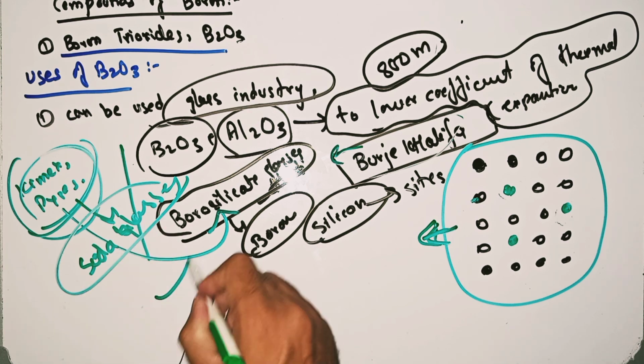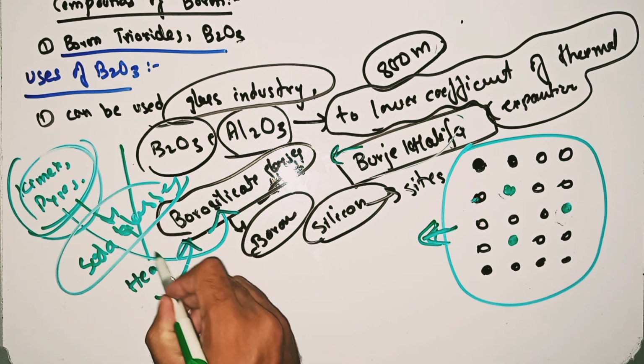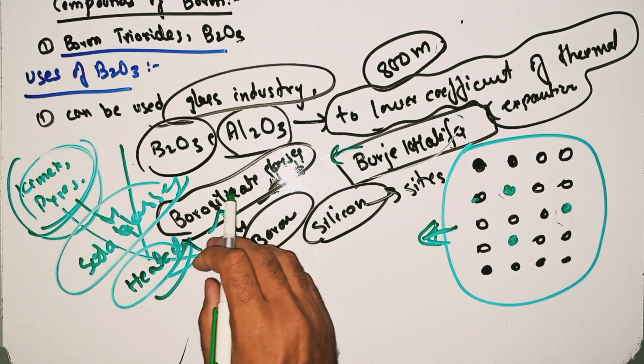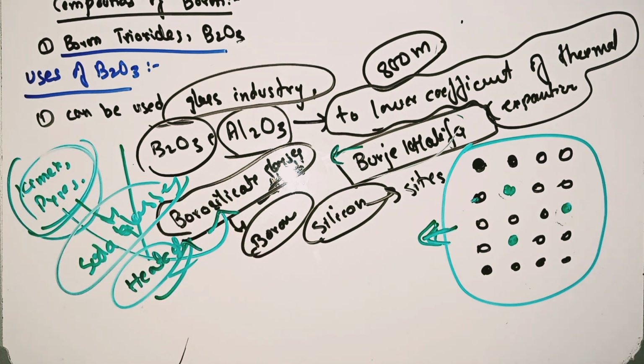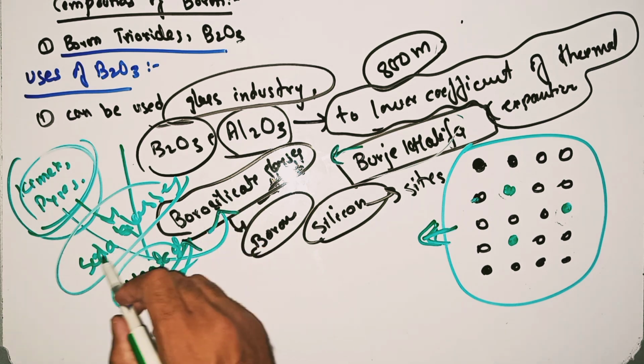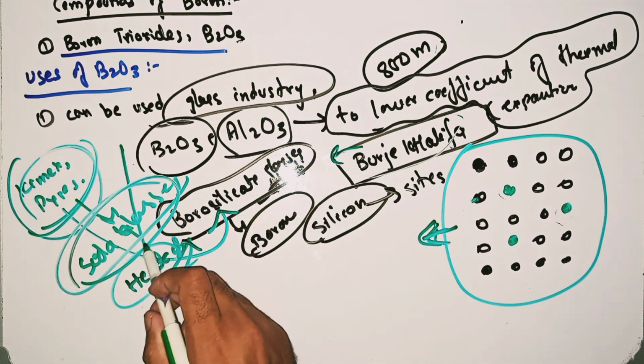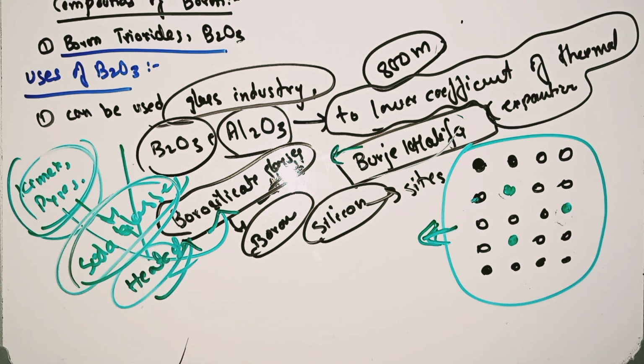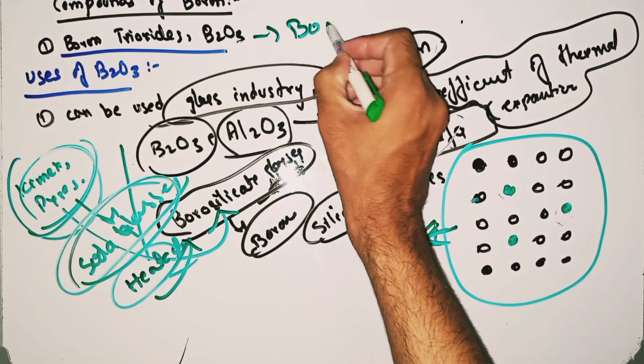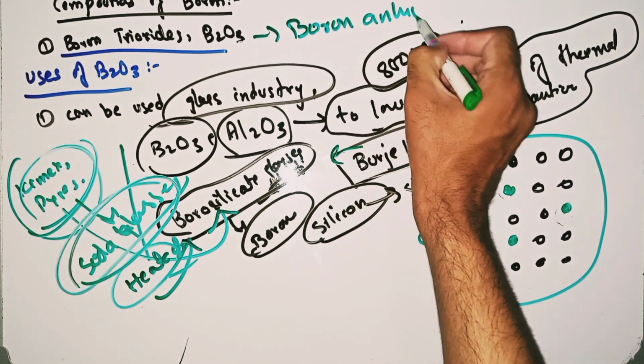Whatever amount of heat you add, the borosilicate will not expand, while common soda lime glass will expand with a little temperature change. Borosilicate will survive rapid heating and cooling. These are the biggest uses of boron trioxide, or boron anhydride.